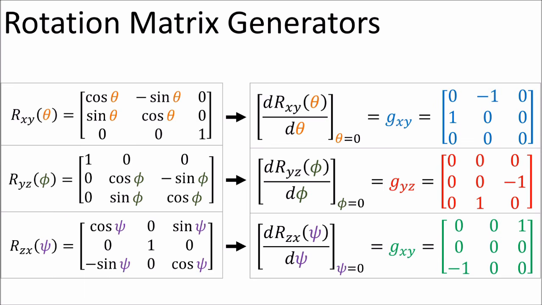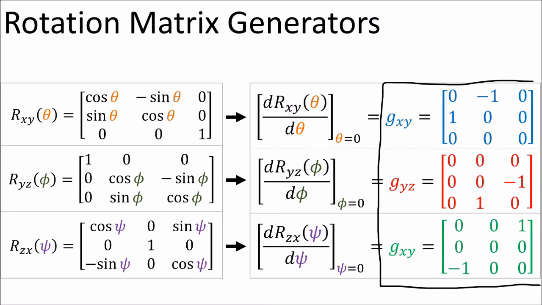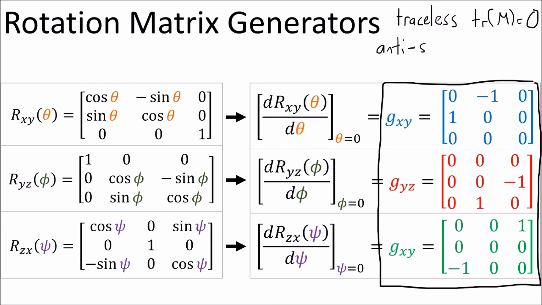Now, let's get back to our SO3 generator matrices. It's worth looking at these generator matrices and seeing if they have anything in common. It turns out that the generator matrices of SO3 are all traceless, so the sum of their diagonal elements is 0, and anti-symmetric, so their transpose equals their negative.